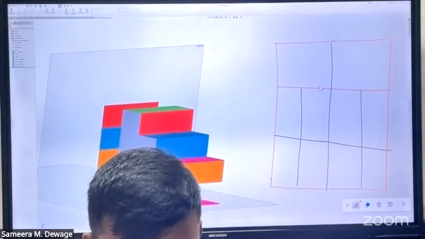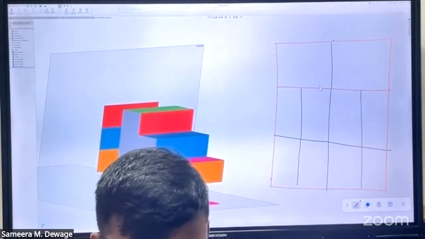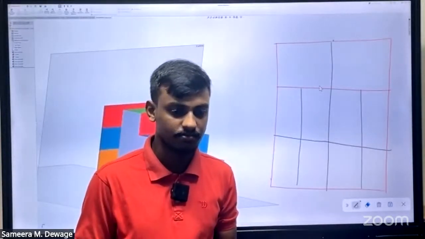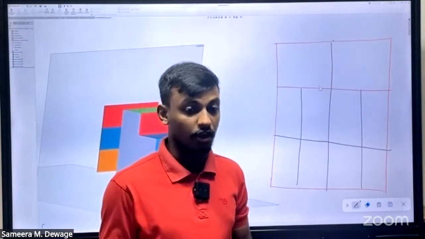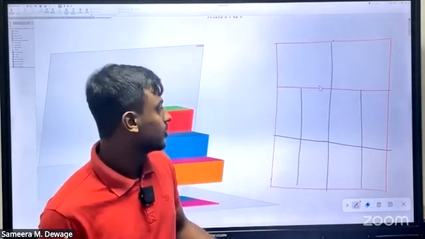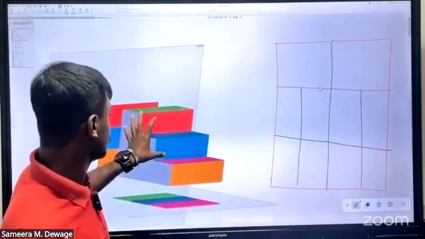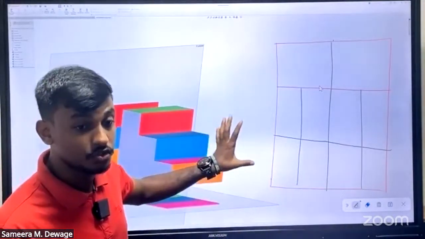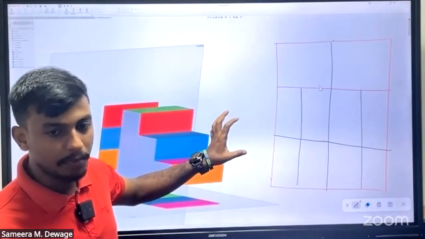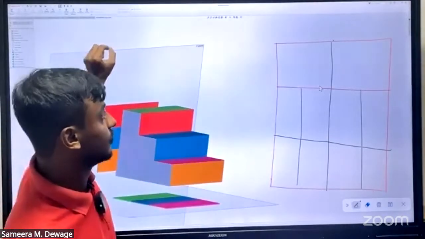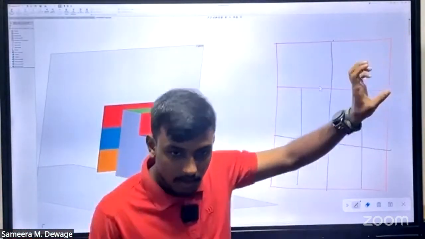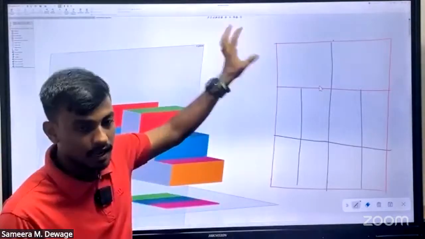As we have drawn this last week, do we have to do it again? No need. So if you want, you can do it, but if you don't need to, it's okay. The first thing you need to do: what is the topic? The topic is first angle projection.